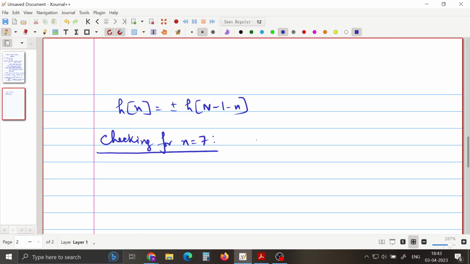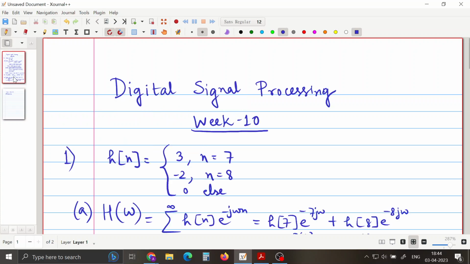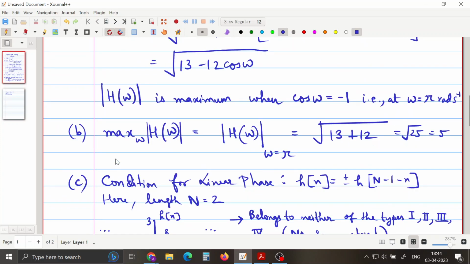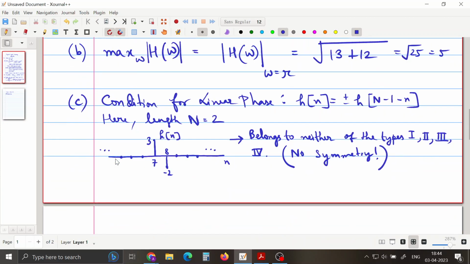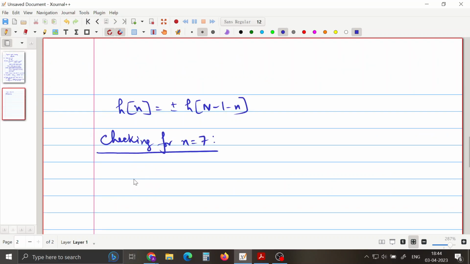And by the way, like I wrote on the previous page, the length capital N is 2, right? So if you put 2 here, it becomes 2 minus 1 minus n, which is 1 minus n.